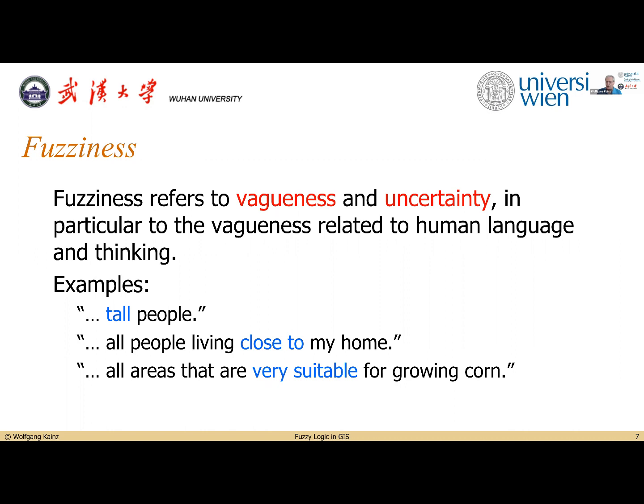It depends on how you would model the concept of close or suitable or tall. So what we are doing here is, in this course, we will learn and see how we can represent these concepts and use these fuzzy concepts in doing spatial analysis.